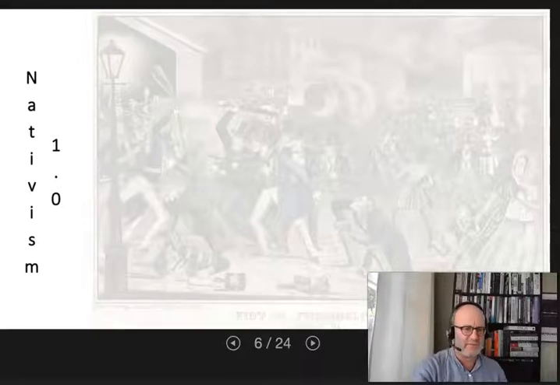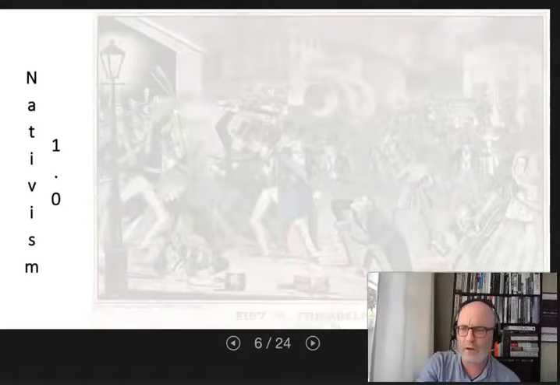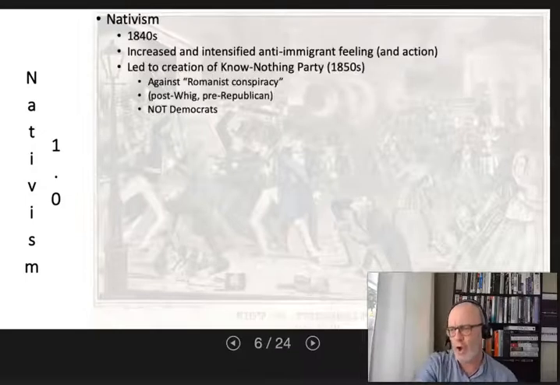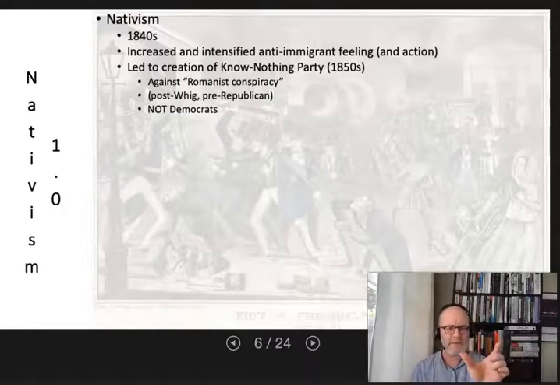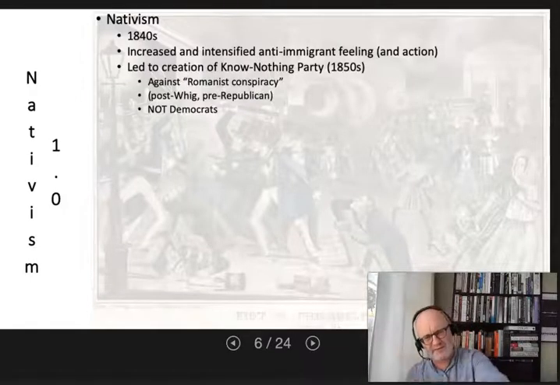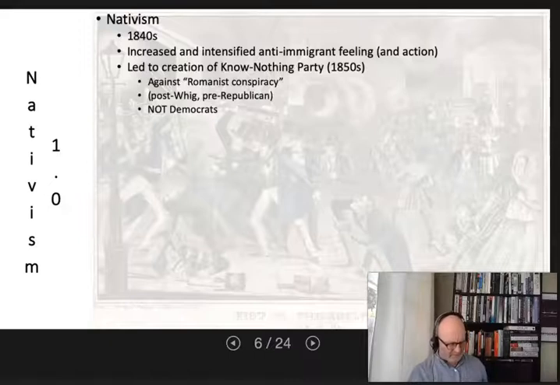And what do we get? We get nativism. This is kind of nativism 1.0. Most famously or infamously embodied in the Know Nothing Party, which is an anti-immigrant party that emerges in the space after the Whig Party has fallen apart. It's pre-Republican.